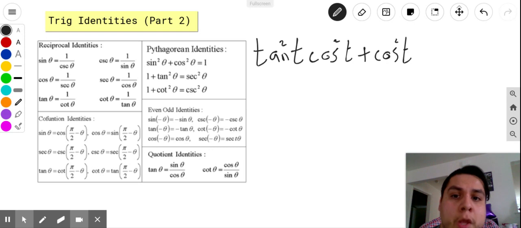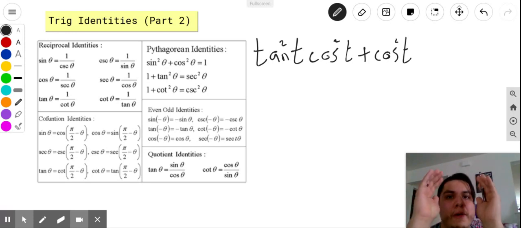Okay, so here we go. The first thing I notice is I see tangent, tangent and cosine, right? So I don't see a reason to use the cofunction identities because typically when you use the cofunction identities, you would want to see like the pi over 2 minus theta as the input, and I don't see that there.